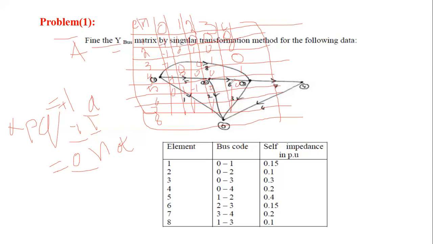Next, similarly, consider the sixth element. Element 6 is connected in between the 2 and the 3. The remaining all are represented as zeros. Coming to the seventh element. This seventh element is connected in between the third and fourth.